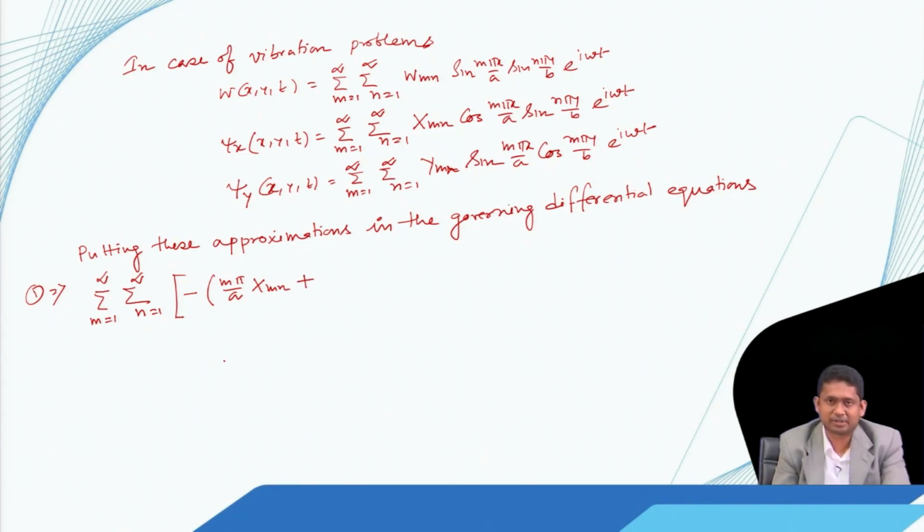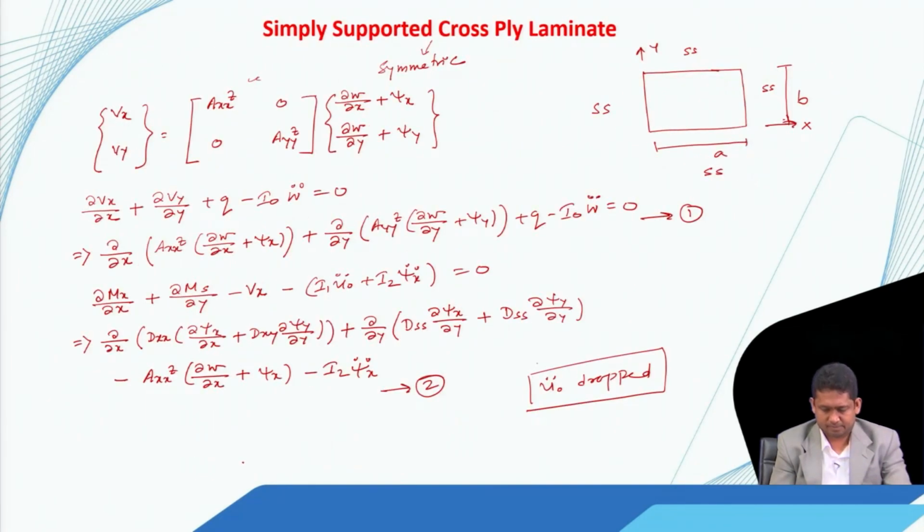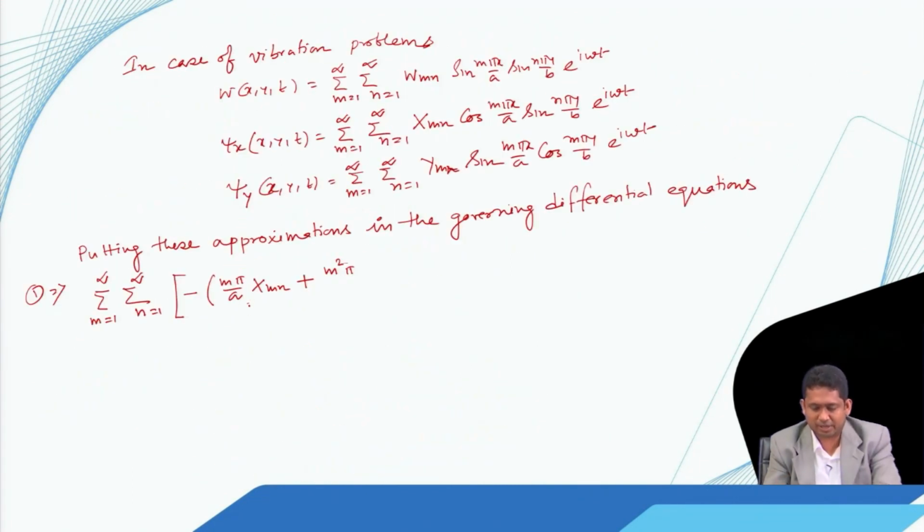This term comes from del psi x by del x, and then we have the second order derivative of w, so we get m square pi square by a square W m n, multiplied by A x x of z.